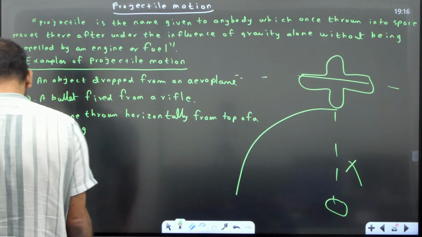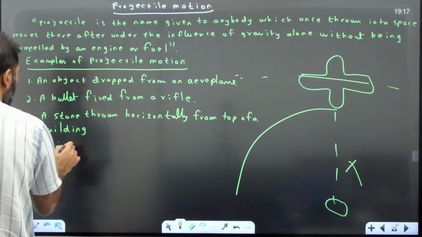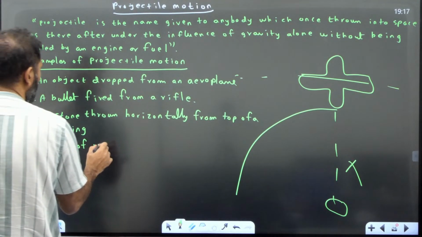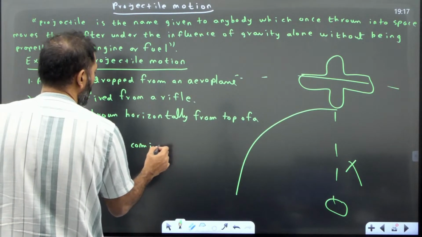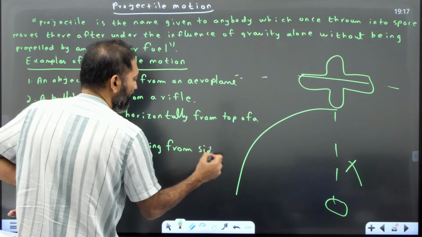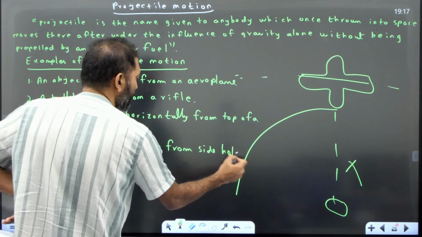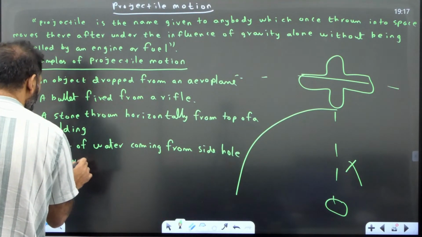Fourth, a jet of water coming from a side hole of a vessel or pipe.